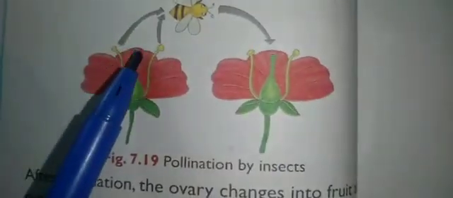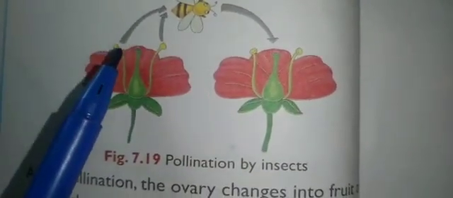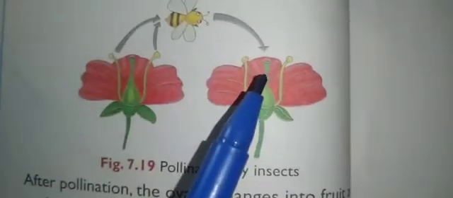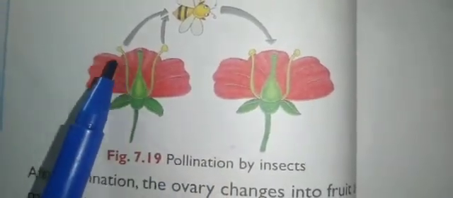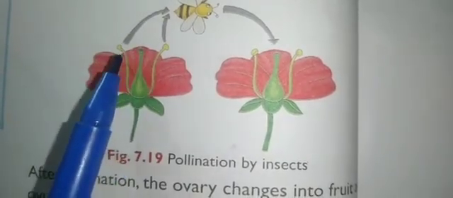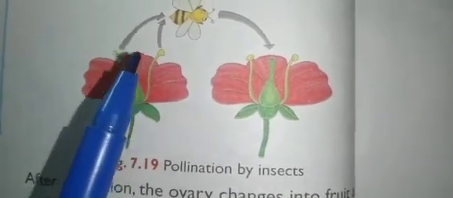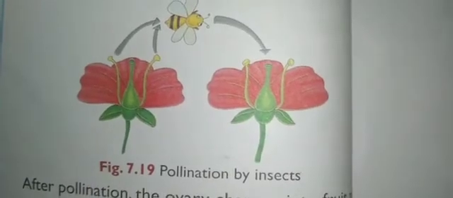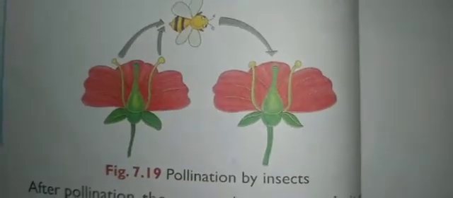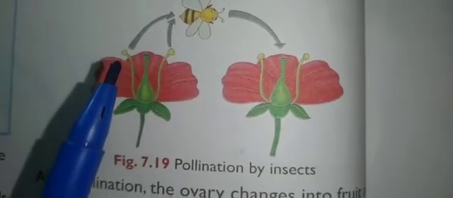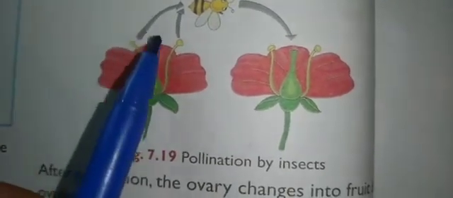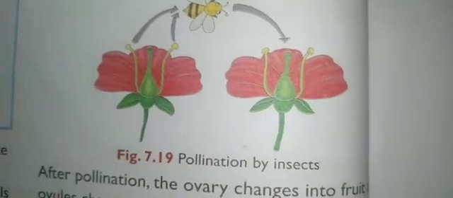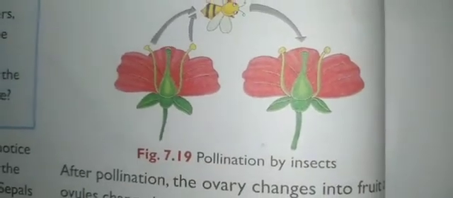The pollen grains may go to the same stigma, or the pollen grains here may go to the stigma of another flower. You know that this is the male part and this is the female part. When the male and female cells fuse, it means reproduction has happened. So pollination means transfer of pollen grains from the anther to the stigma of a flower. We call it pollination.